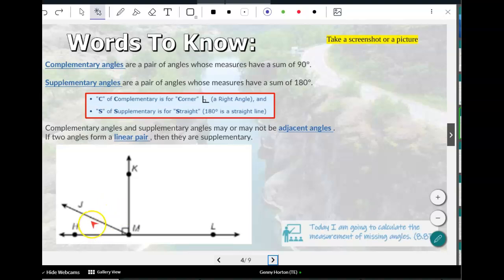So these two angles would add up to 90 degrees. And then on the supplementary, you could use this one, KML, and KMH. Those are supplementary, 180. You could also look at angle HMJ is supplementary to JML. It's two angles that have a sum of 180 degrees.